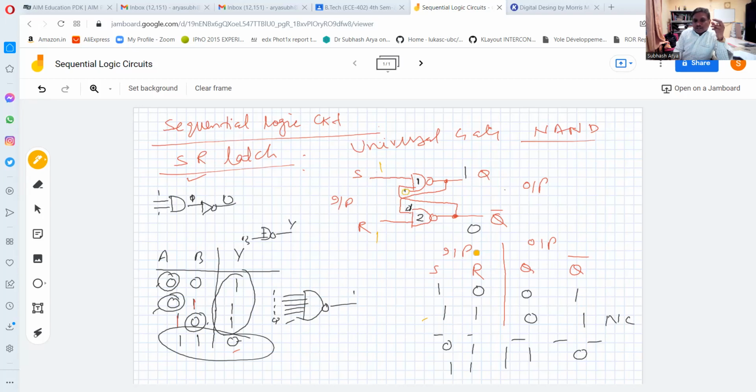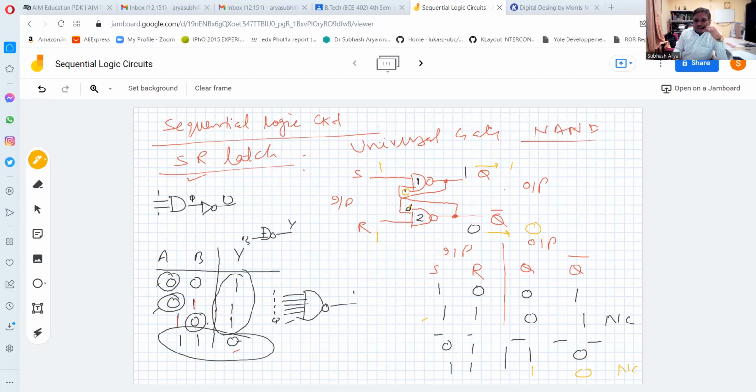So 0, 1 gives output 1. So this will be 1 only, from 1 to 1, no change. And this 1 is coming here. So 1, 1 will be 0. Earlier it was 0, now also it will be 0. So Q bar is 0, Q is 1. Again we can see that if the input is 1, 1, then there is no change in the output. Whatever the output was in the previous phase will remain like that.